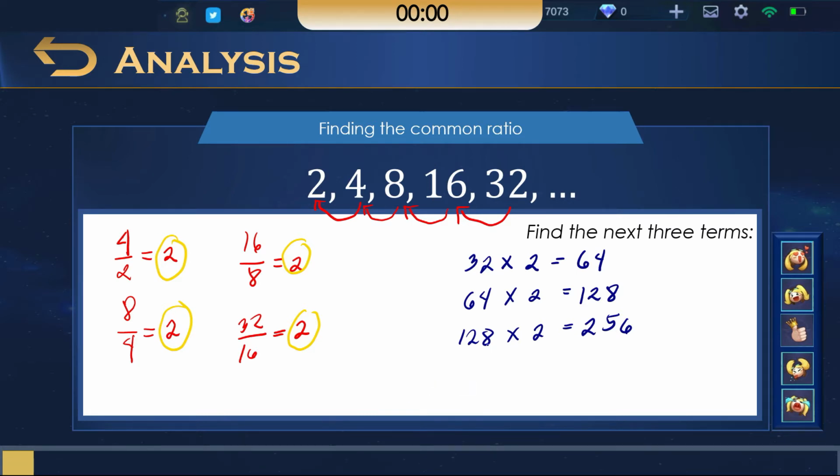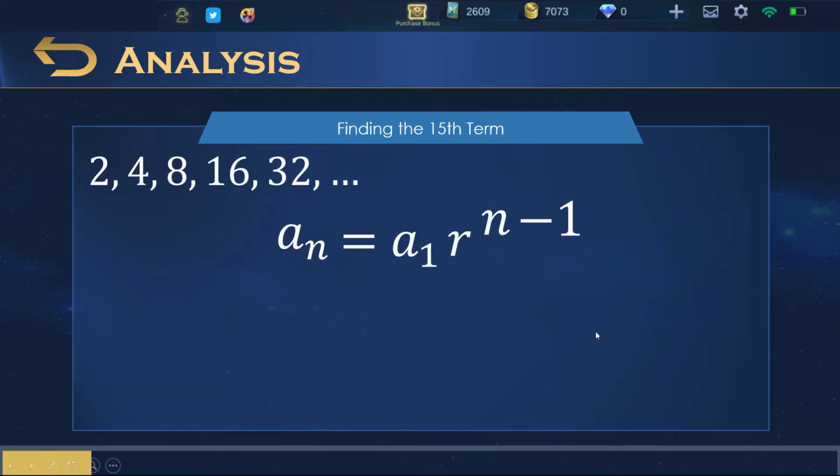So as we can see here, the next 3 terms will be 64, 128, and 256.